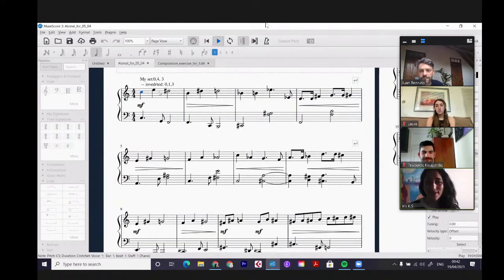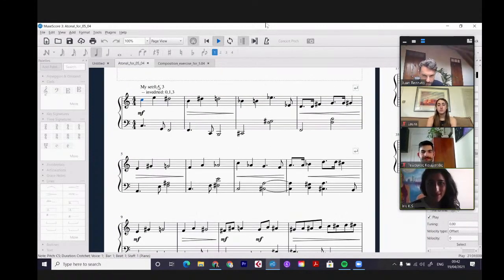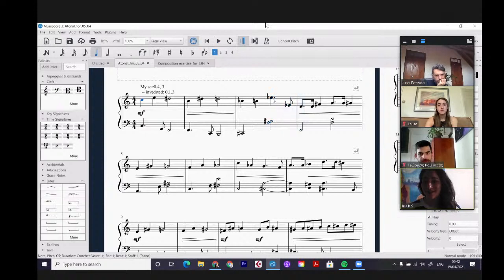So this was my set. And so in between, but my problem was that I used the other way as well, about tritone and semitone. So I had to take everything to pitch related. That's what I did. But then, for example, in this kind of that I have not done, that's not pitch related. But I don't know.